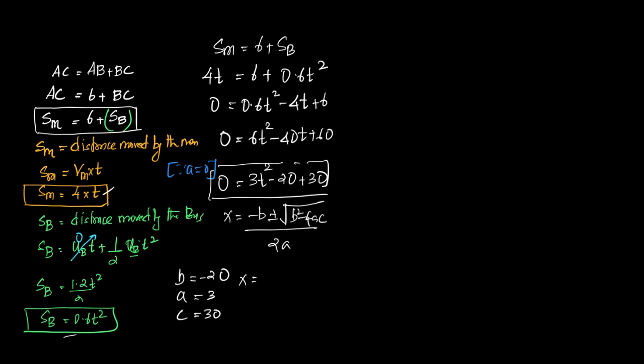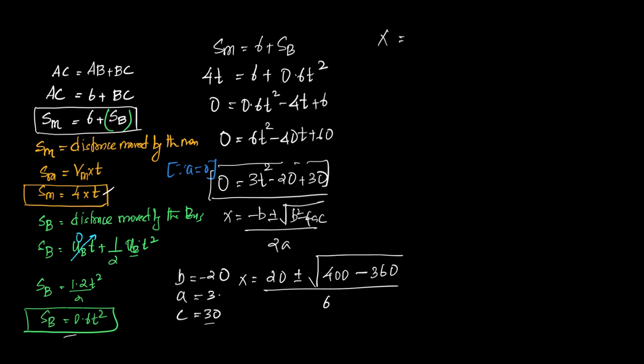So what is x is equal to minus b? What is minus b? 20 plus or minus root of, what is b square? 20 square, which is 400, minus 4ac. 4 into a is 4 into 3, 12 into c is 12 into 30 is 360. The whole upon 2a, a is 3, so this becomes 2 into 3, 6.